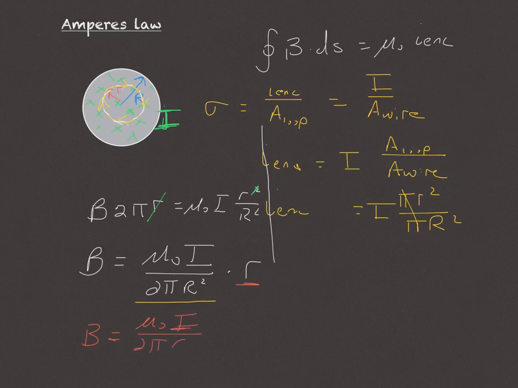So if we were to draw the graph of this, let's use green. Magnetic field strength as a function of r, we will increase linearly until we hit the radius of the wire, and then drop off as a 1 over r relationship.